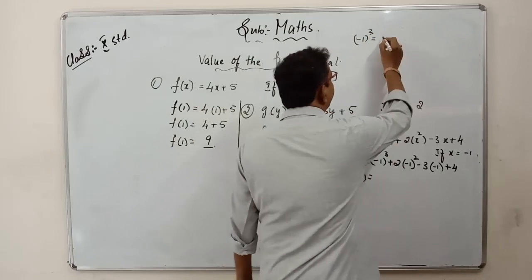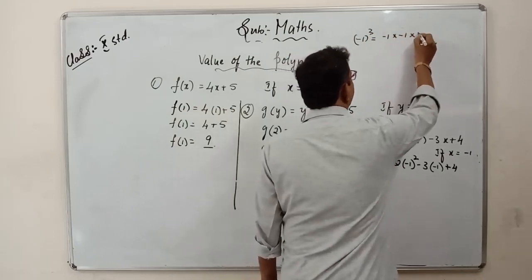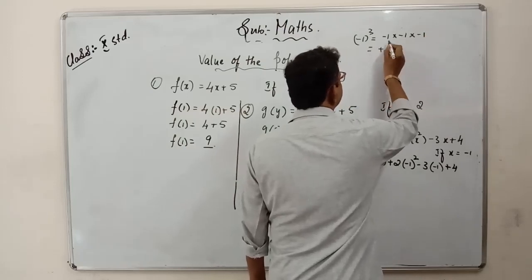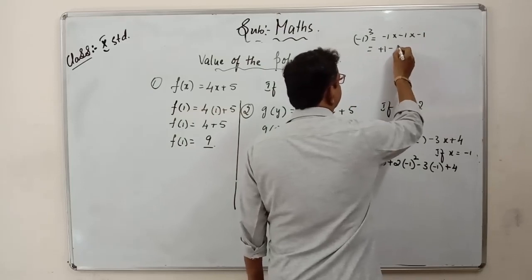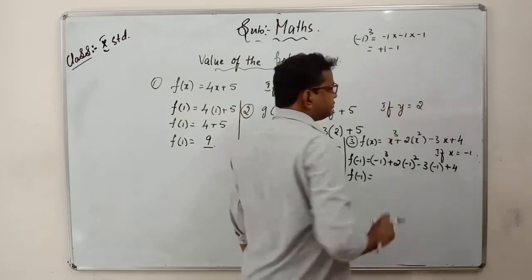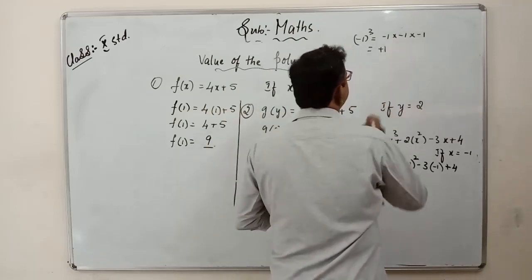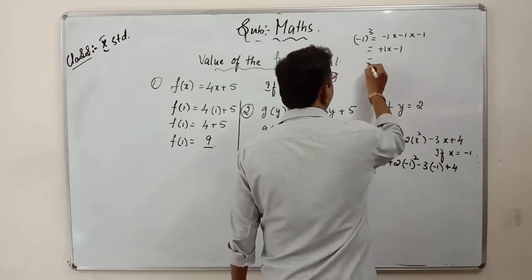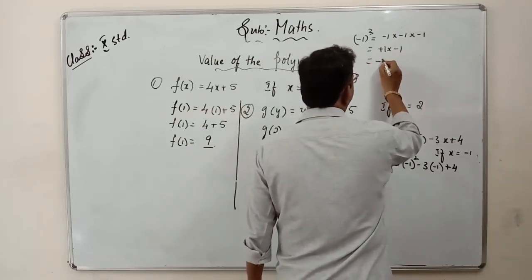Minus 1 whole cube equals minus 1 into minus 1 into minus 1. So it is minus into minus, plus, 1 into 1 is 1. Then again you have minus 1, into minus 1: plus into minus is minus, 1 into 1 is 1.